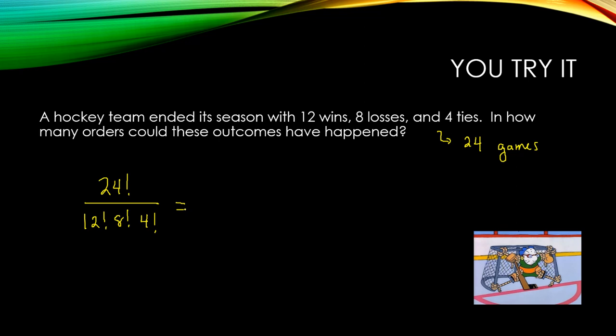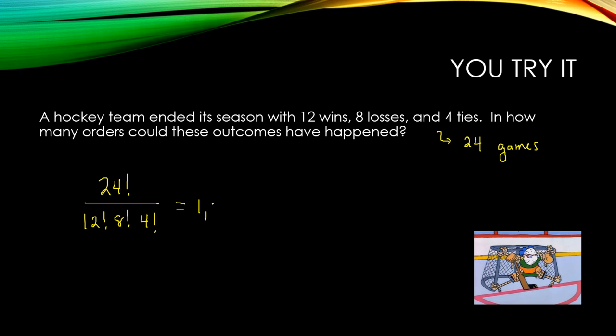Now, in this particular calculation, 24 factorial is too big to display on your calculator screen, so you may just want to do this all at once, everything stored in your calculator. It is still going to be a pretty big number, but the final result should still fit on your standard calculator screen.